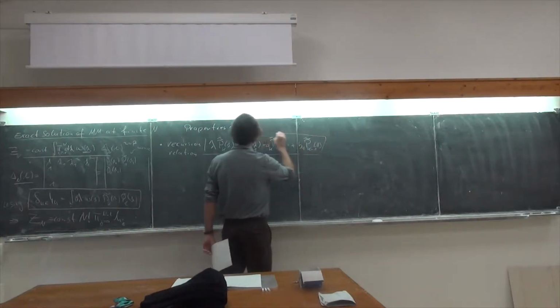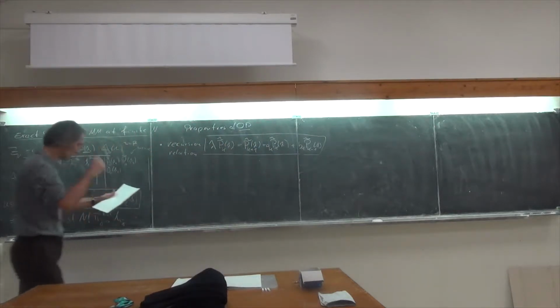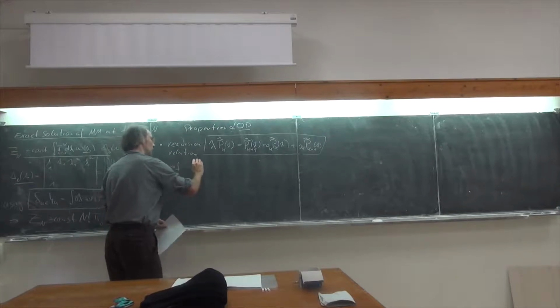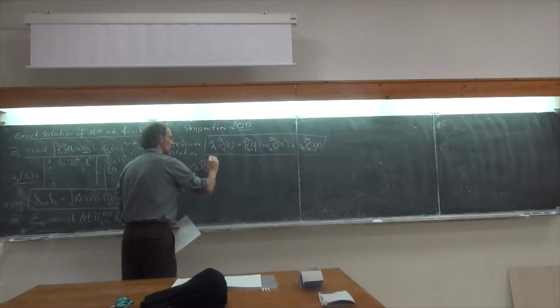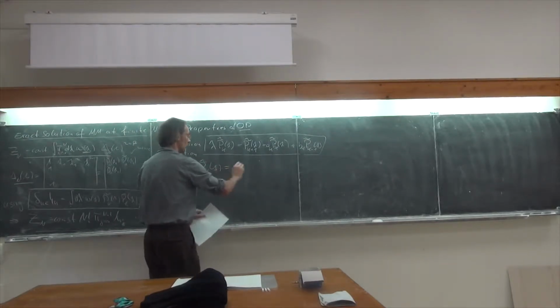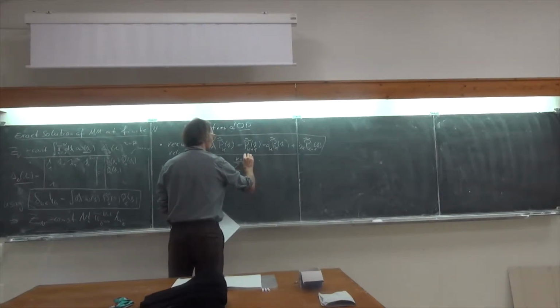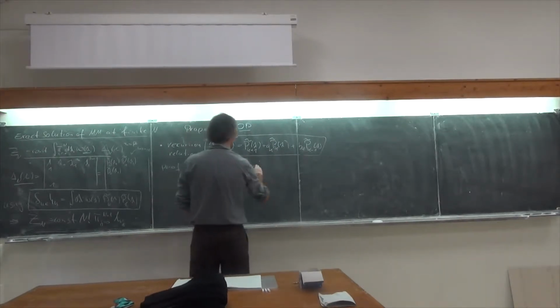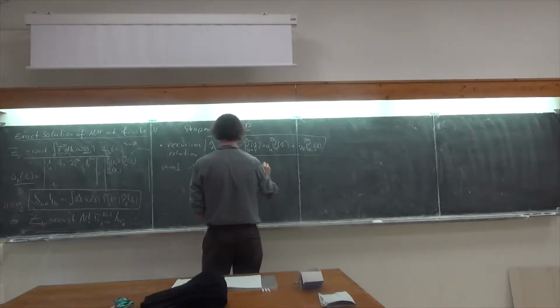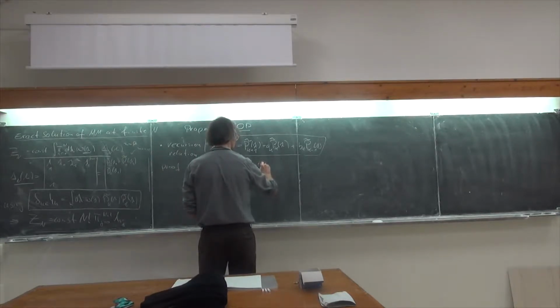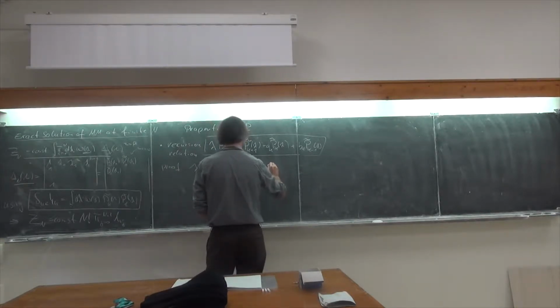Okay, now how can we prove that? This is very simple. We just write lambda p_k as some linear combination from 0 to k plus 1 of coefficients, let's call them c_l, times p_l.